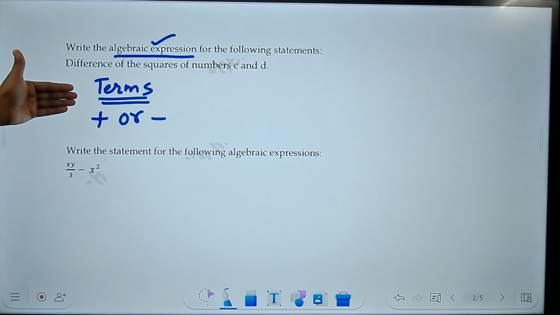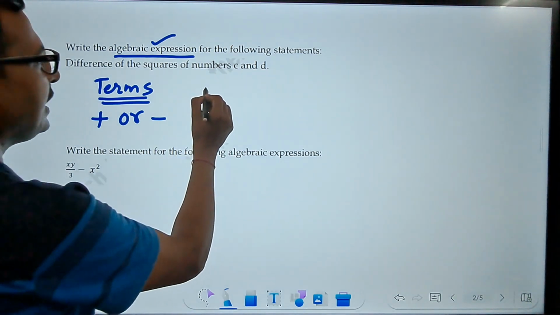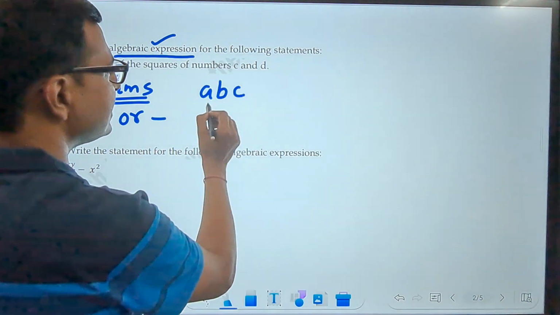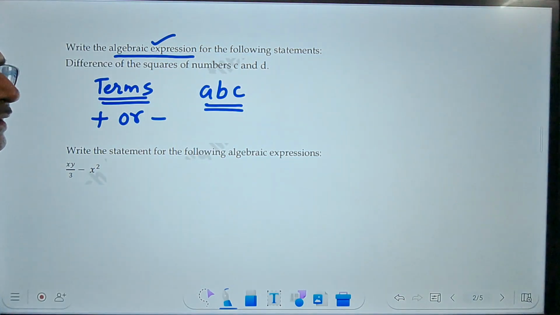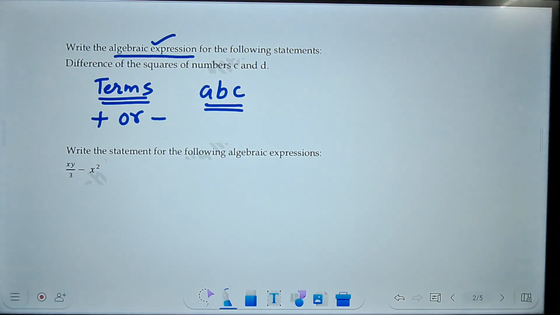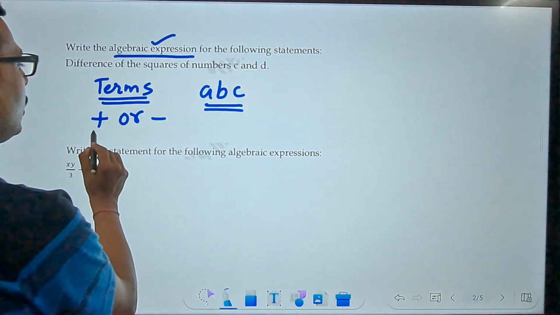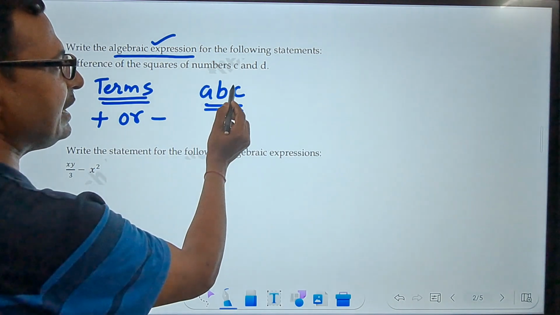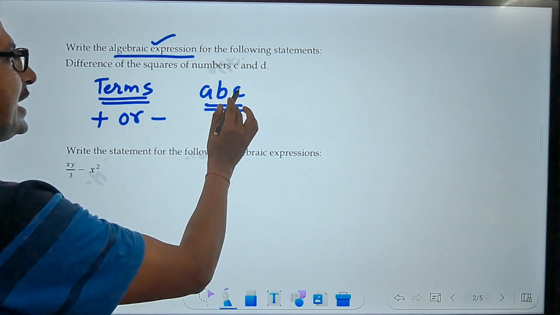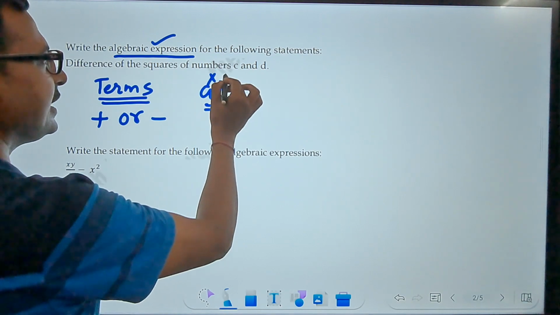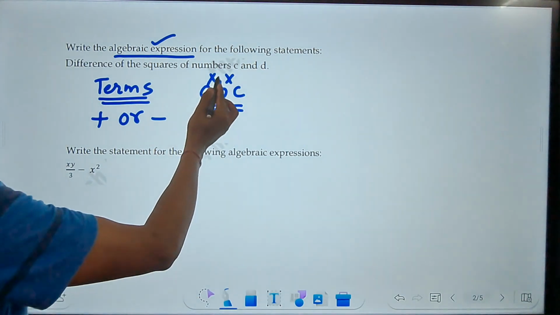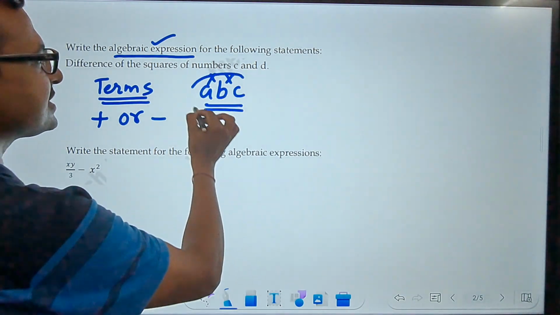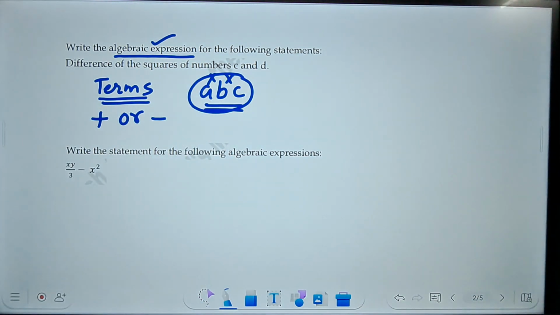More often than not, students get confused that A, B, C are three terms. No, they are not three terms. It is just a single term because there is no plus or minus sign between A, B and C. If there is no sign, it contains a product, and whenever there is a product between variables, it is just a single term. This is something really important, which everybody should understand.